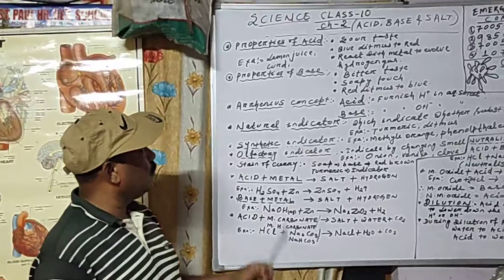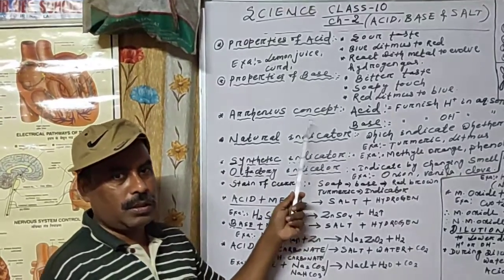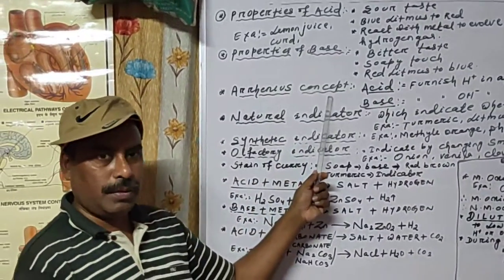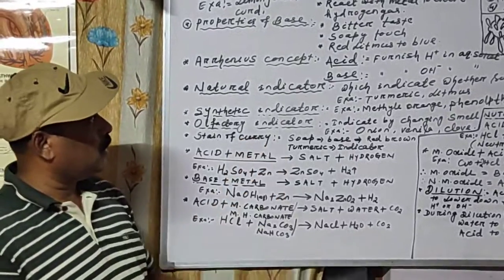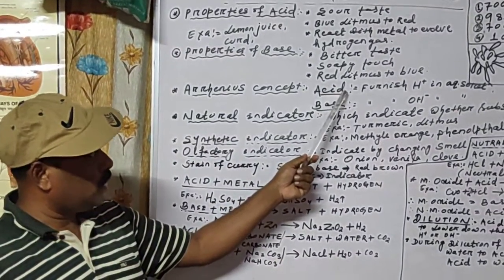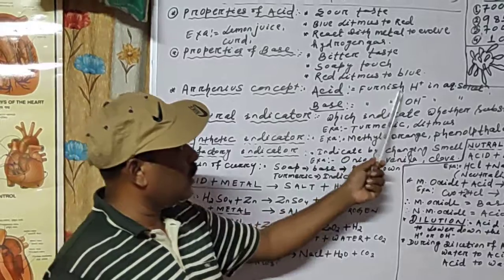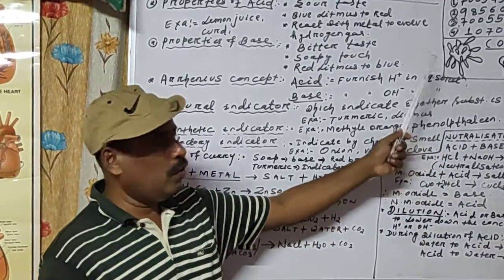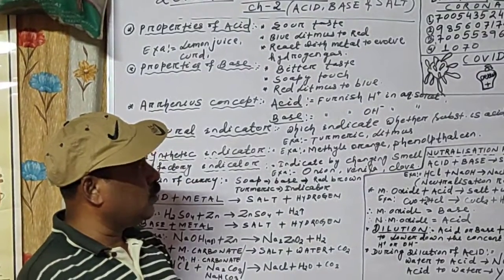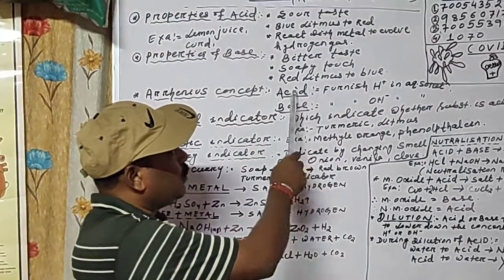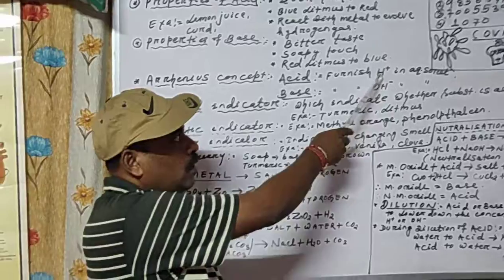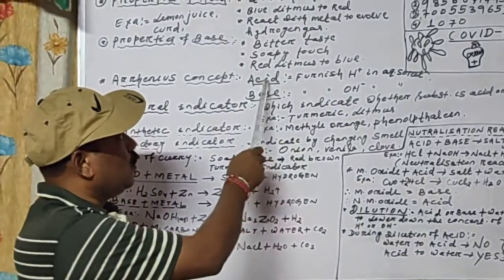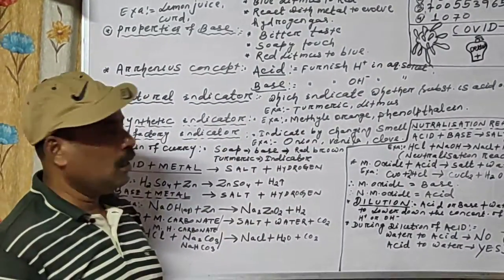Then let us come to one concept which is known as the Arrhenius concept. According to the Arrhenius concept, an acid is a substance which furnishes hydrogen ion in aqueous solution. So when we put the substance into water, if that substance generates hydrogen ion in water, then that is called an acid.